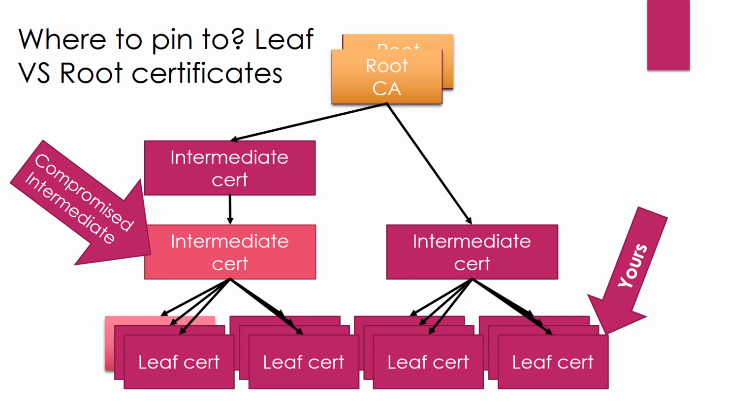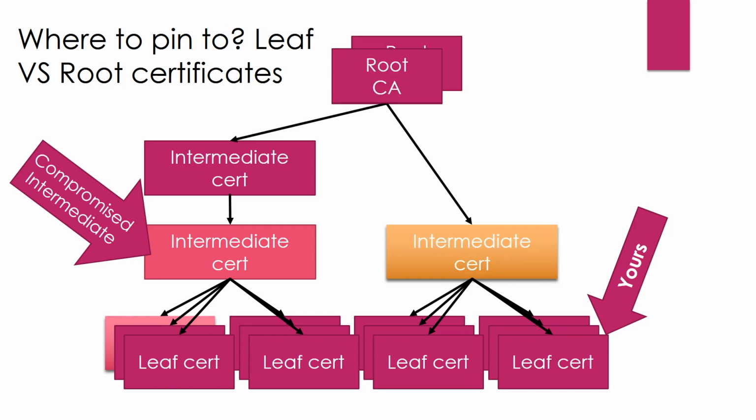Ergo, the moment your client connects, because you're pinning to the same root CA, it won't detect that you're having an issue. Although, if another root CA or another intermediate certificate that's not part of your tree is compromised, there's no trouble. But right now, you are in trouble. If you, by luck, would have pinned to the correct intermediate certificate, then you are not in trouble.